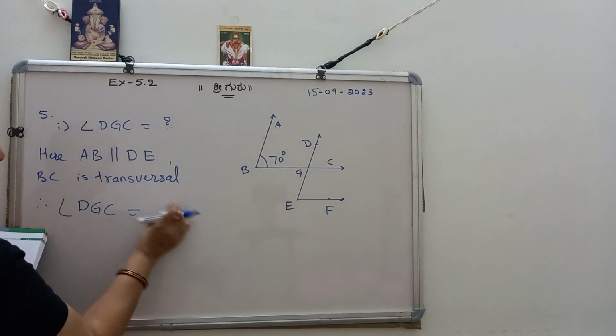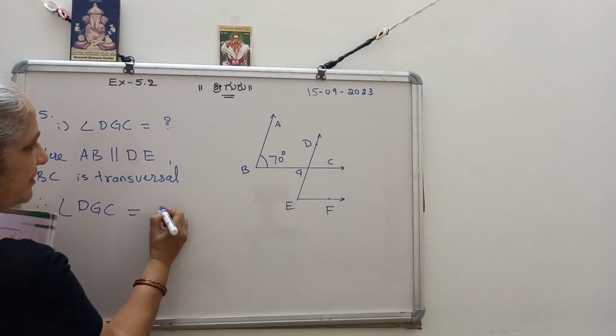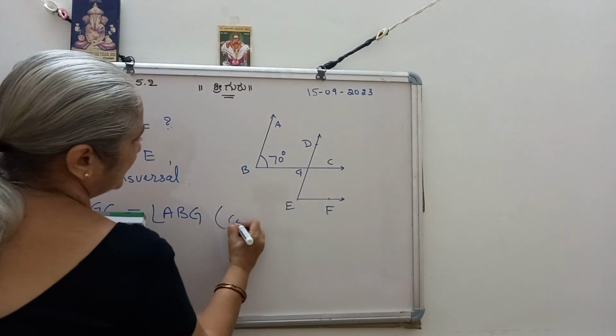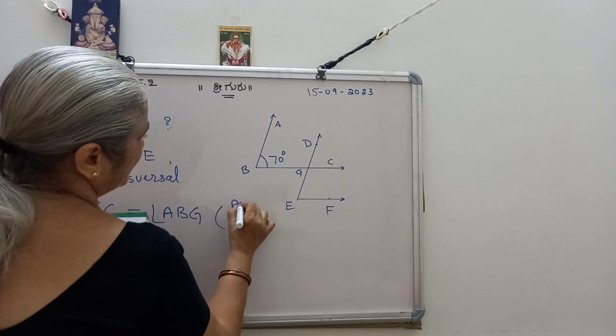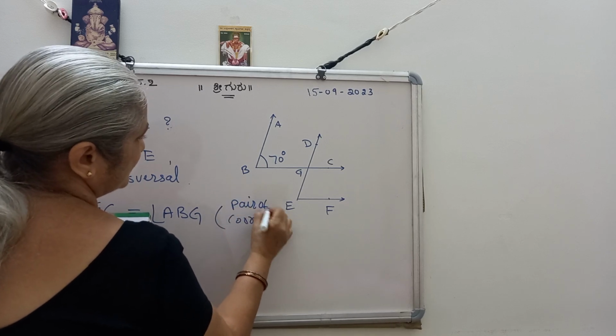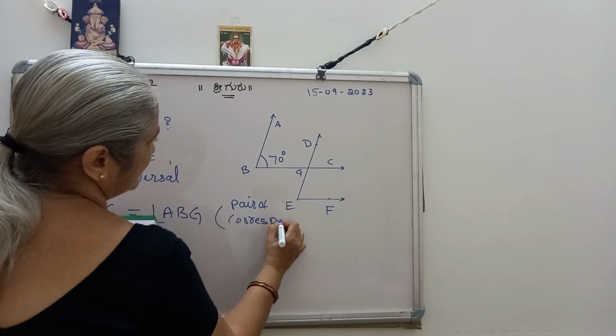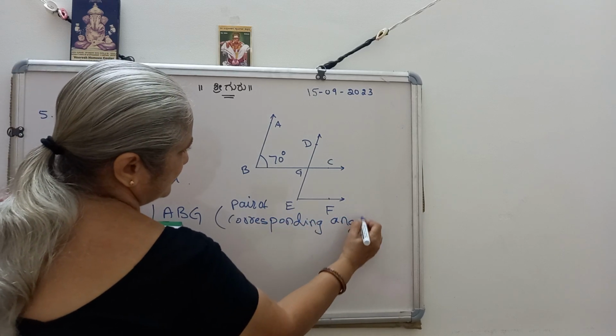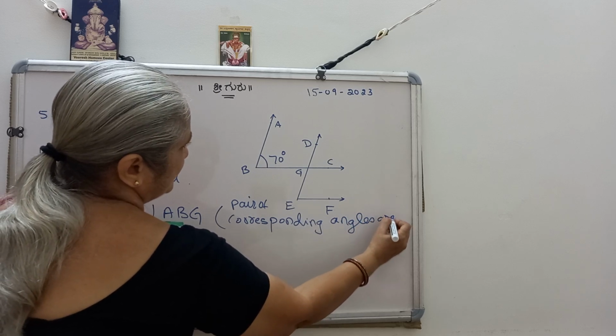Angle DGC is equal to angle ABG, because pair of corresponding angles are equal.